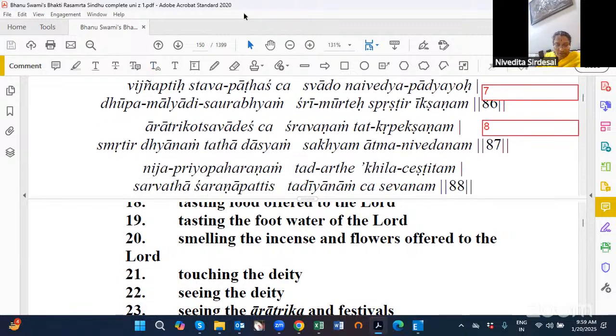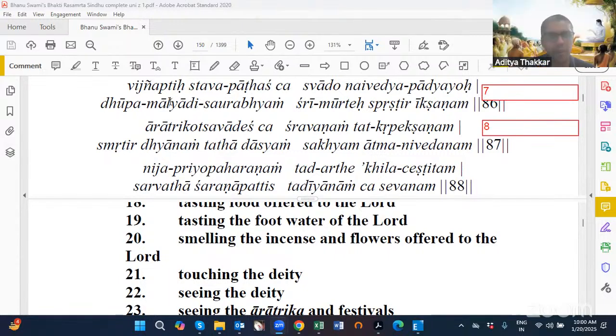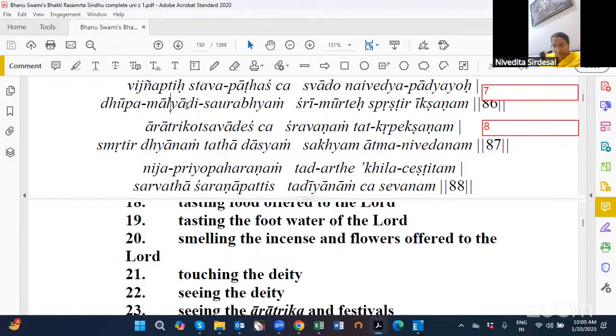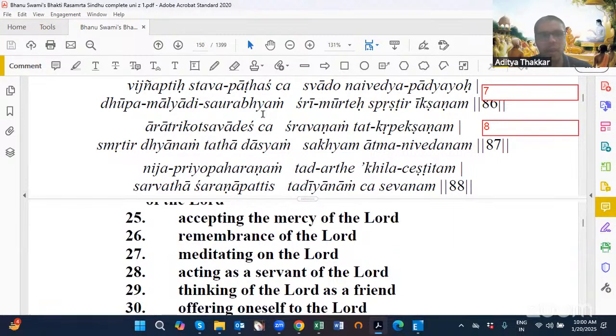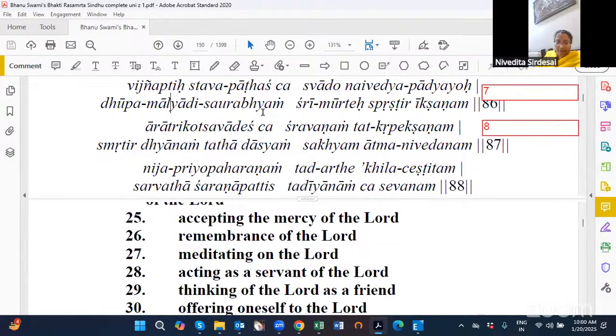You'll read from 15 onwards, straight up to 29. 15 plus 14, we have completed 29. Okay, read.